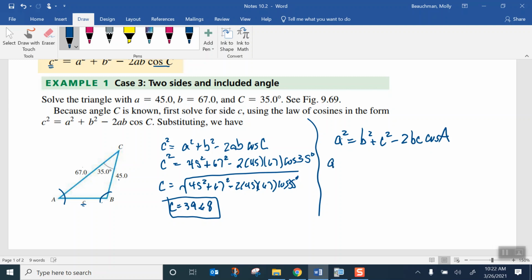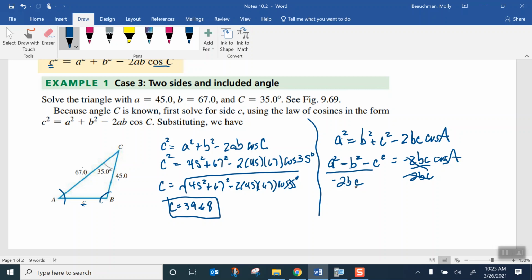We're going to take a squared minus b squared minus c squared equals negative 2bc times the cosine of A. Divide both sides by negative 2 times b times c. So the cosine of angle A is going to equal a squared minus b squared minus c squared divided by negative 2 times b times c.